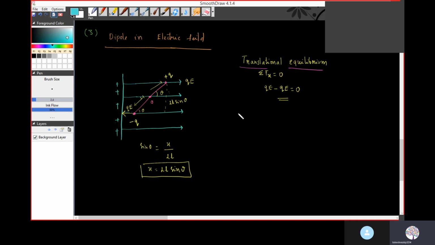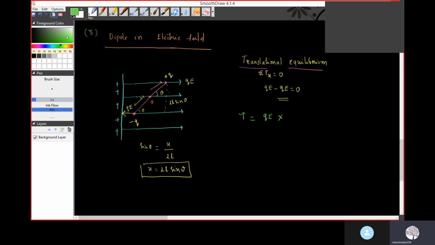So we write the torque. Torque acting on the body is equal to R cross F, that is, force into perpendicular distance. The force is QE.